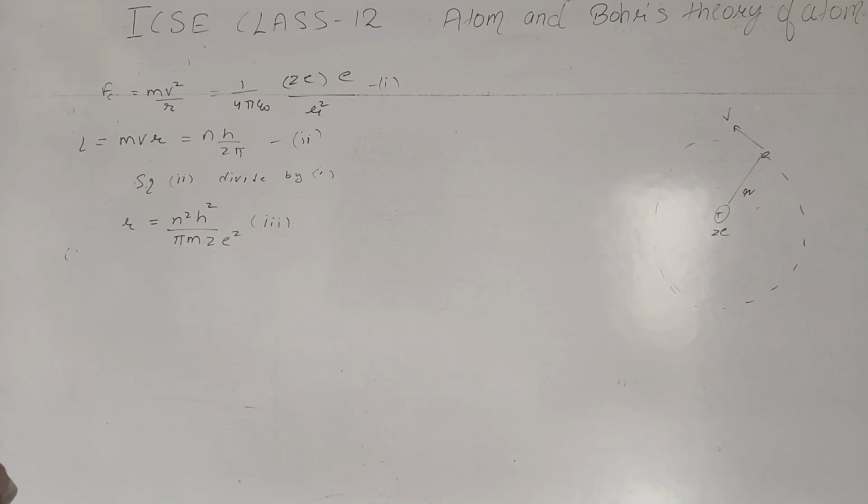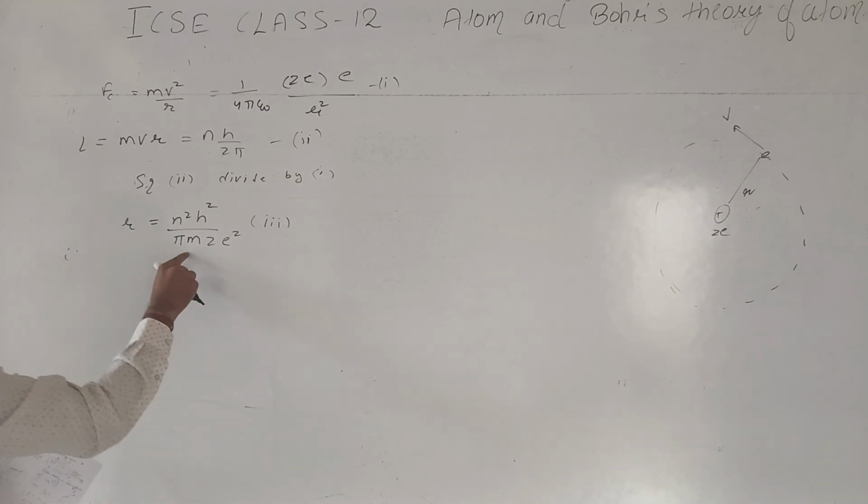For the first orbit n is equal to 1, for the second orbit n is equal to 2, and we try to find the relation between the energy of the electron in different orbits. As the orbits increase or decrease, the value of n also increases or decreases, and with the changing value of n, we want to see the change in r, energy or velocity of the electron. This is what we are studying in Bohr's theory.